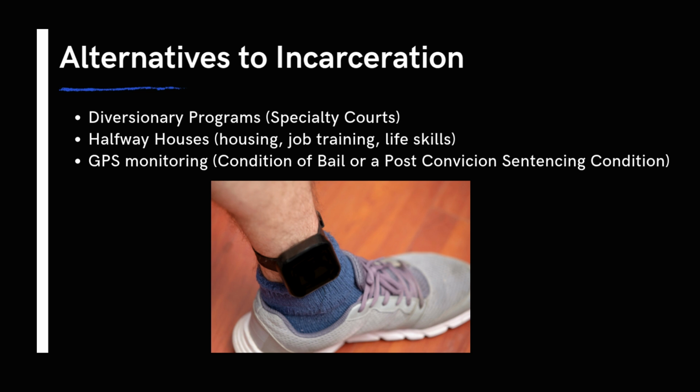There are specialty courts, such as courts for drug offenders, mental health courts, veterans courts, domestic violence courts, and restorative justice programs. Diversionary programs work best for, and are therefore usually limited to, first-time offenders or someone with a very minimal criminal background who wants to make the effort and benefit from the services provided in these courts.